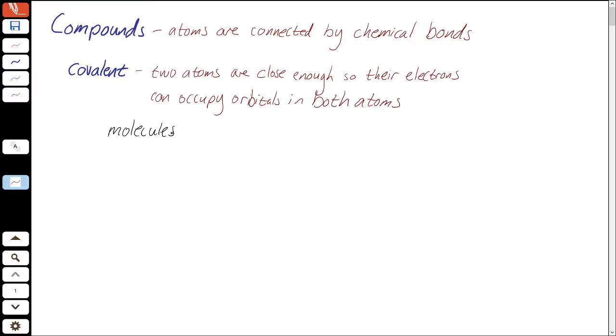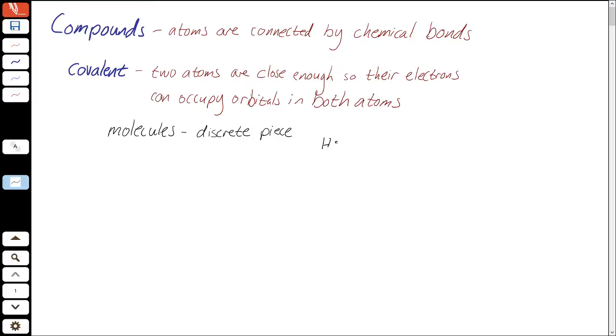So yeah, the book says we call covalently bounded compounds molecular compounds, and we can do that sometimes, but there is a difference. A molecule is a discrete piece, meaning that the atoms are covalently bound together and it has boundaries. This is part of the molecule, and then the molecule ends.